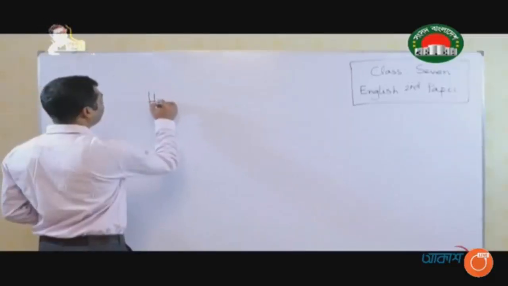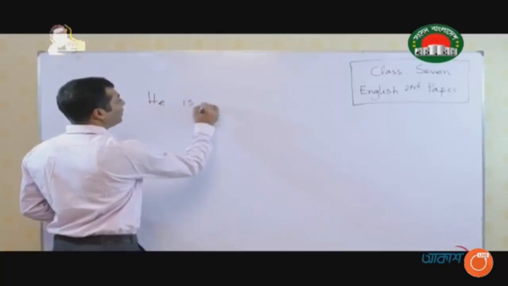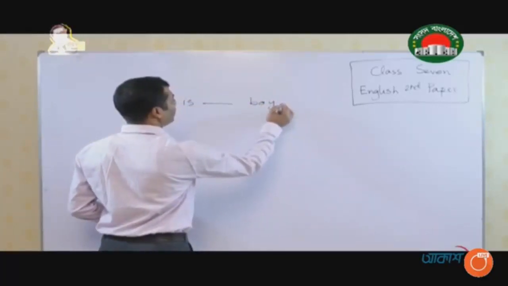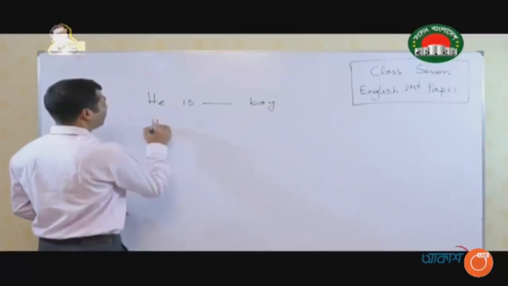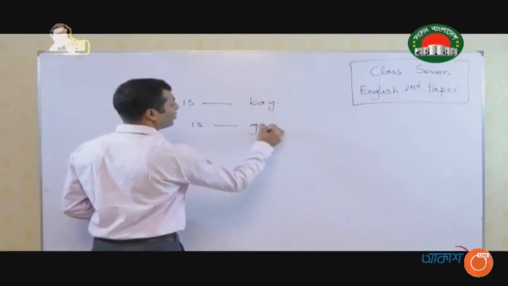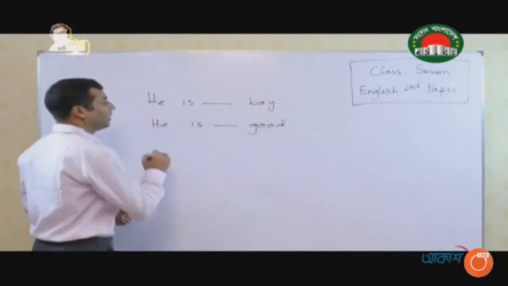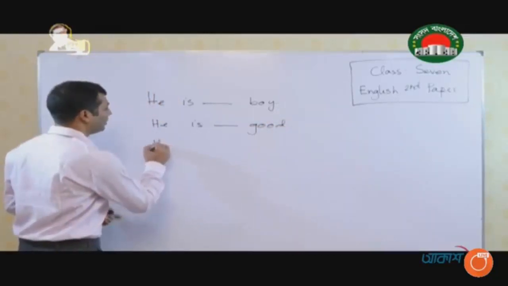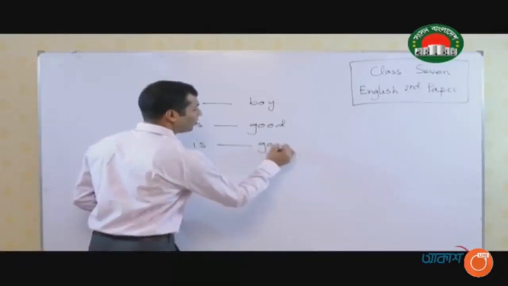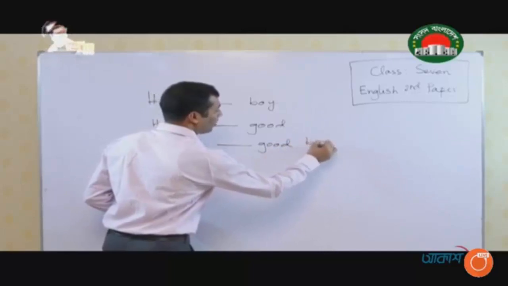He is dash boy. Next sentence, he is good. The next sentence, he is dash good boy.